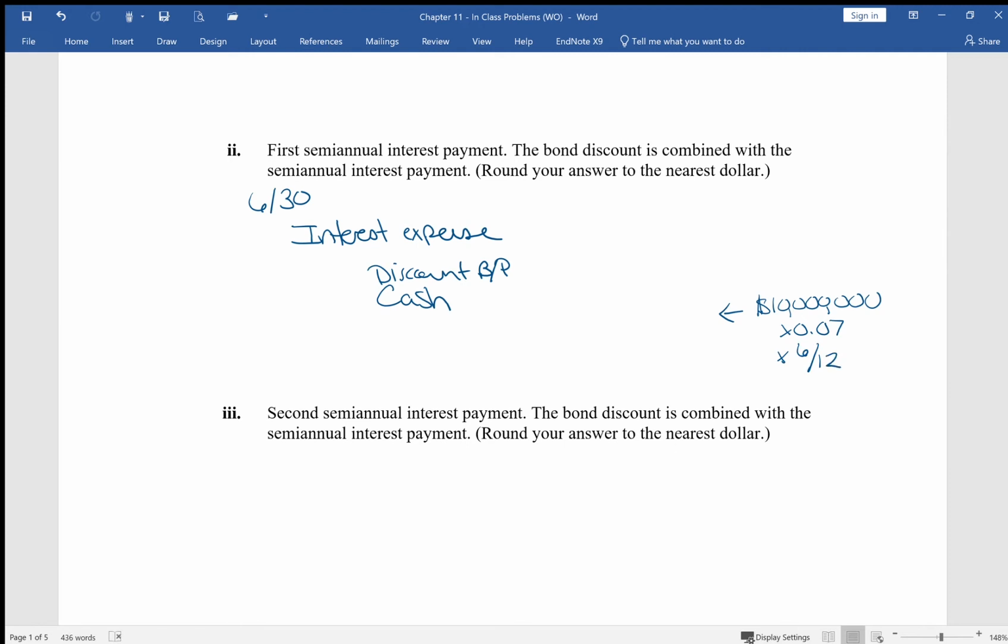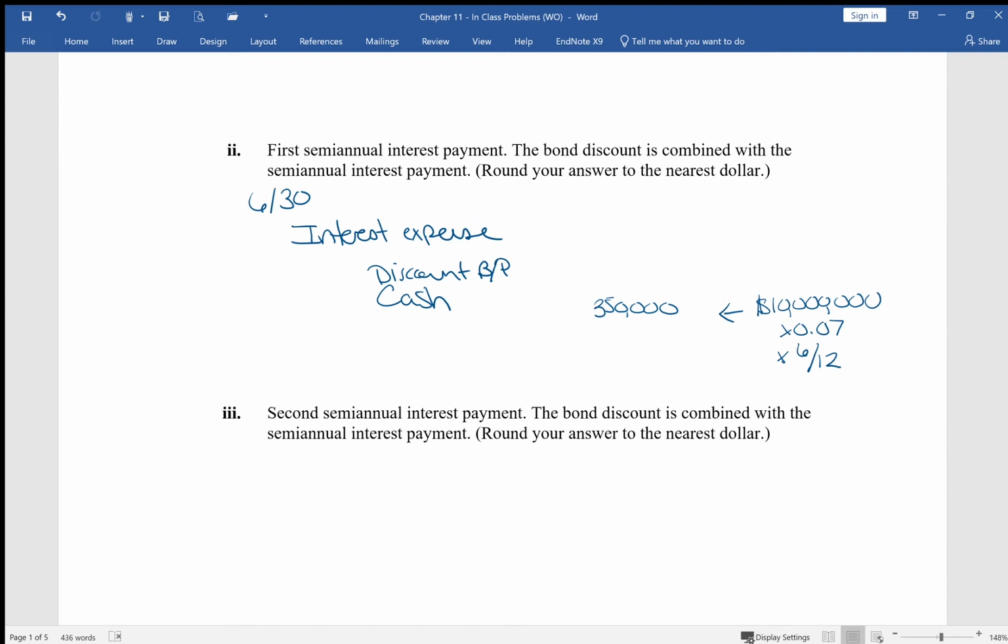That 7% is the annual rate, so we need to account for that we're making payments semi-annually. So if I do $10 million times 7% times half a year, we get a cash payment of $350,000.